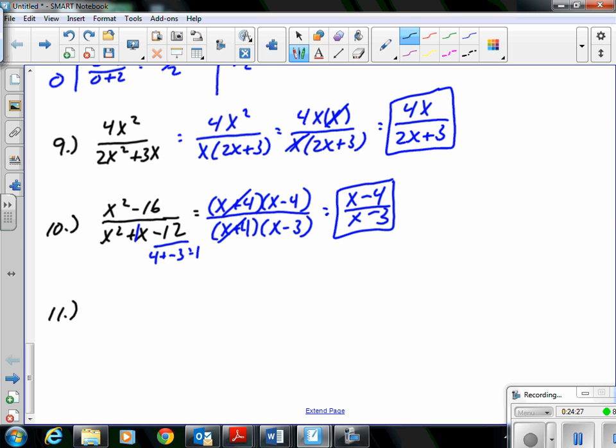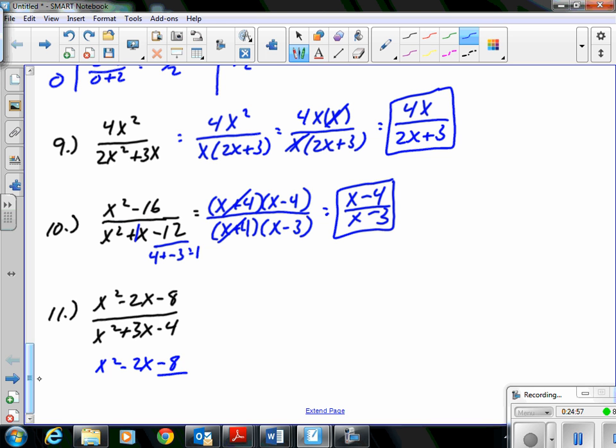And number 11, x squared minus 2x minus 8 over x squared plus 3x minus 4. Okay, so we got two separate trinomials, so we've got to factor each one. So if I look at x squared minus 2x minus 8, last number is negative 8.